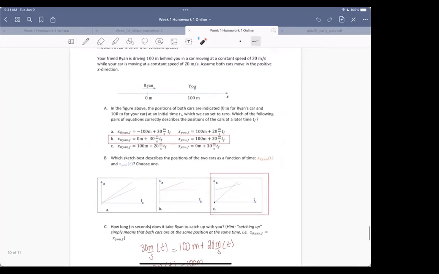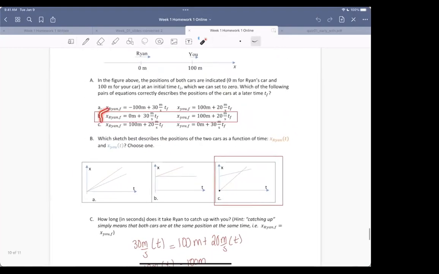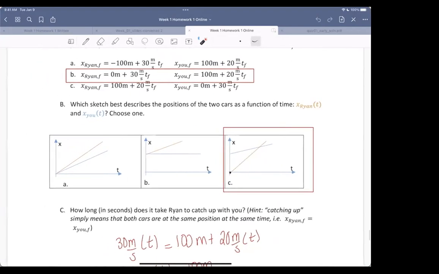So it's asking us which sketch best describes the position of the two cars as a function of time. So we have to figure out which graph depicts this equation for Ryan and which graph depicts the right equation for you. So if you look at here, obviously he starts out at 0.